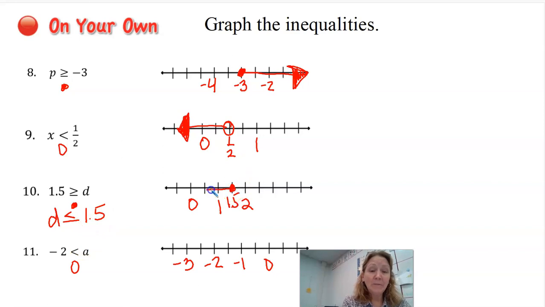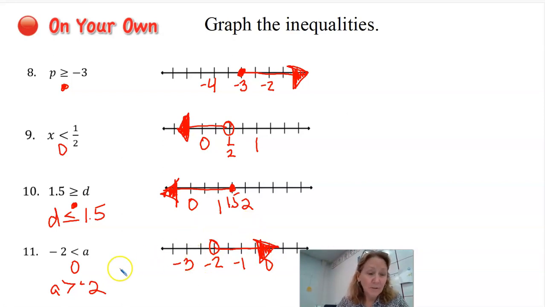I am looking for numbers that are smaller than or equal to 1.5, which is why my arrow goes off to the left and it matches the direction of the inequality. I'm going to rewrite number 11 and put A is greater than -2. Notice the crocodile is eating the A and still eating the A. So I need to have an open circle at -2 and the arrow goes in this direction.